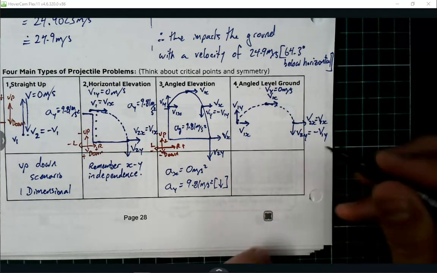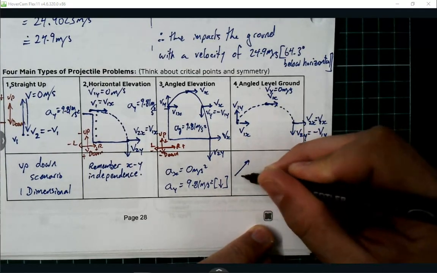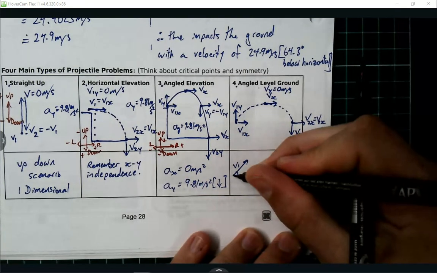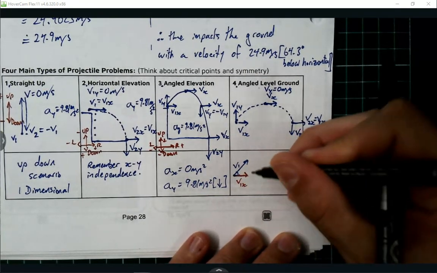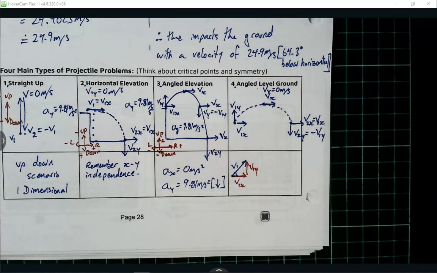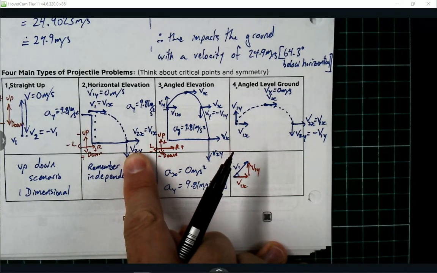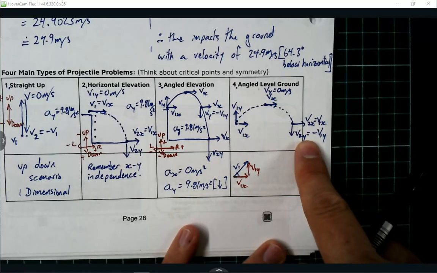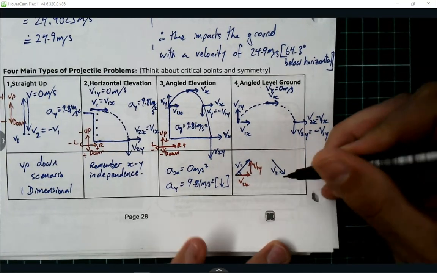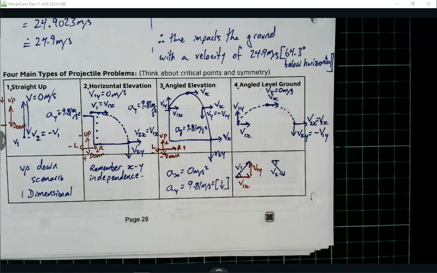One thing that I want to make sure that we remember, because I think that it's kind of baked into us to say, hey, if I know an initial launch angle, theta, one of our default things that we should be doing is breaking it down into V1x and V1y. But what we saw at the tail end of the last problem is that whatever the final velocity is, whether it's this scenario, or this scenario, or this scenario, the V2 is often downwards at an angle, so we talked about it as having a final velocity that's below the horizontal.